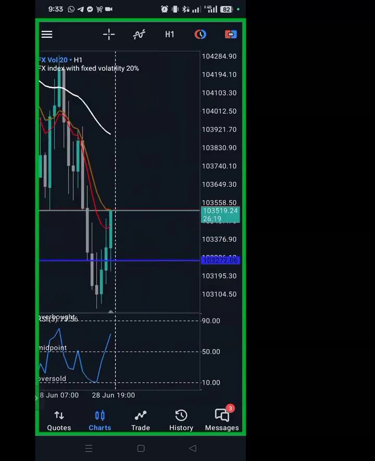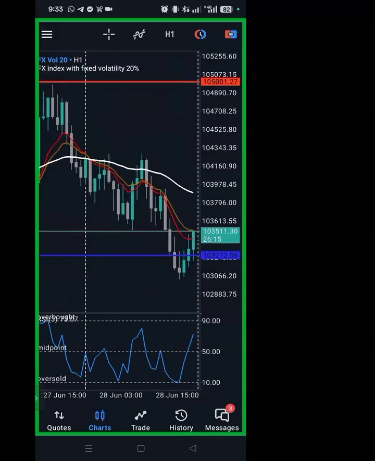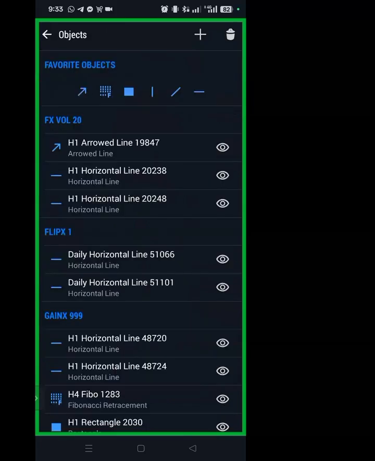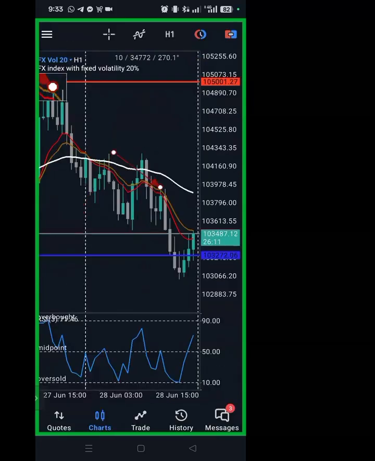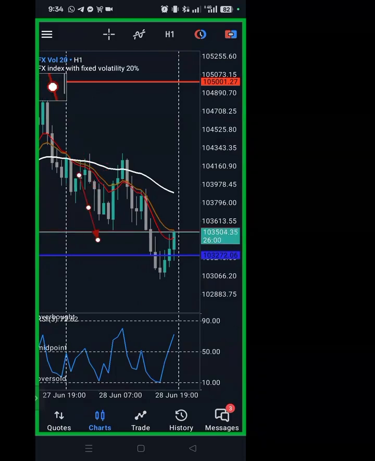I have to pick my tool. On a daily time frame, it's easily accessible. When I reduce the time frame, it's somewhere behind in the historical data. So you notice that the support was breached today.